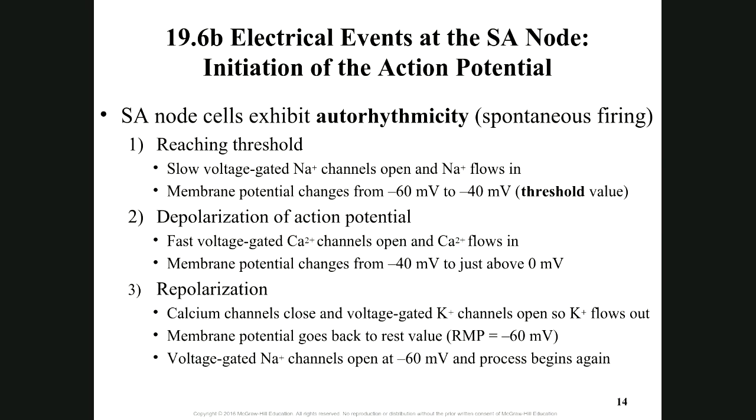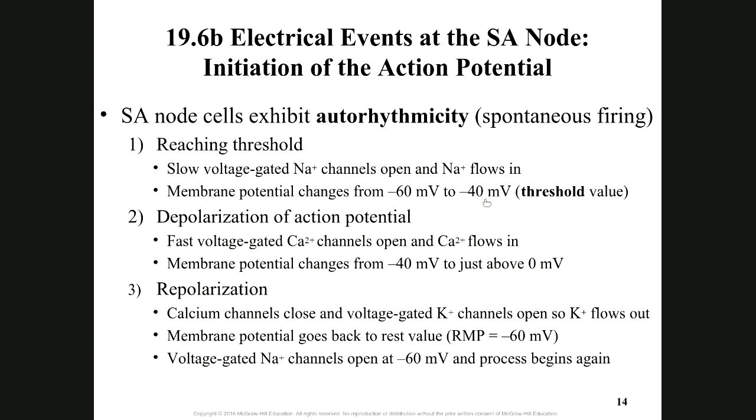So the SA node cells can exhibit autorhythmicity. It means that it can do firing automatically. We have slow voltage-gated sodium channels. They become open, sodium ion come to our cell, and we reach the threshold level. The threshold level is -40 millivolt.